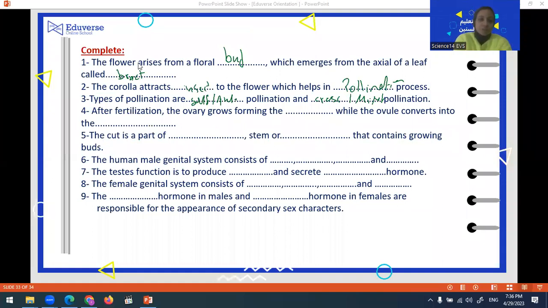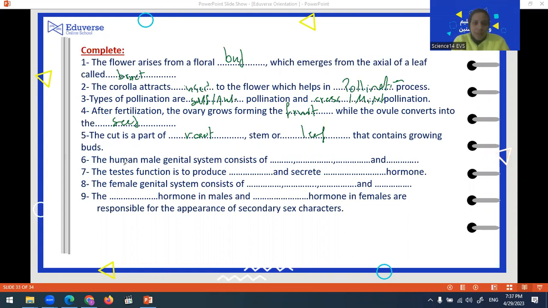After fertilization, the ovary grows, forming the fruit, and the ovule will be converted into the seed. The cutting is a part of maybe the root, the stem, or the leaf containing growing buds. Excellent.